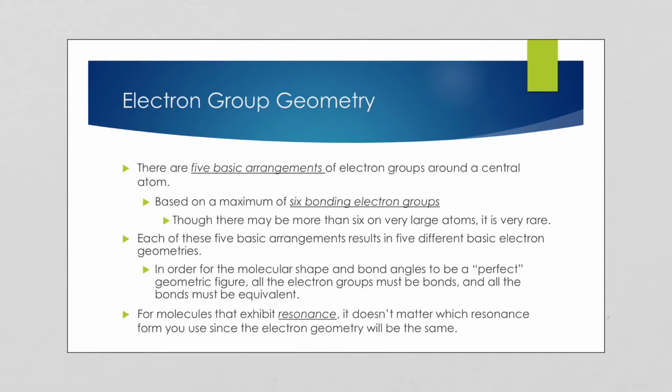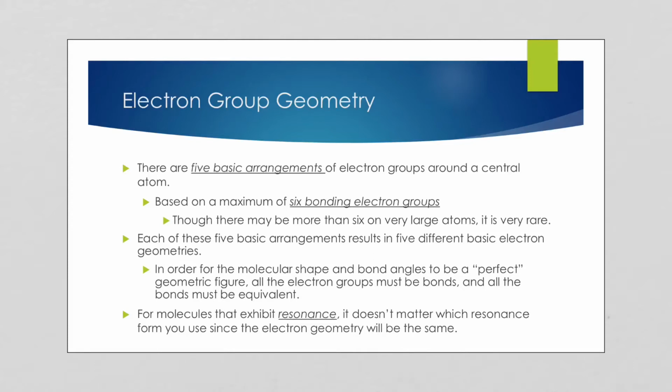So when we get into the geometries, there are 5 basic geometries. Now, these are going to stem from the number of electron groups around the central atom. Now, we're looking at geometry where we can have a maximum of 6 electron groups. And that's going to encompass 99.9% of the molecules out there, right?